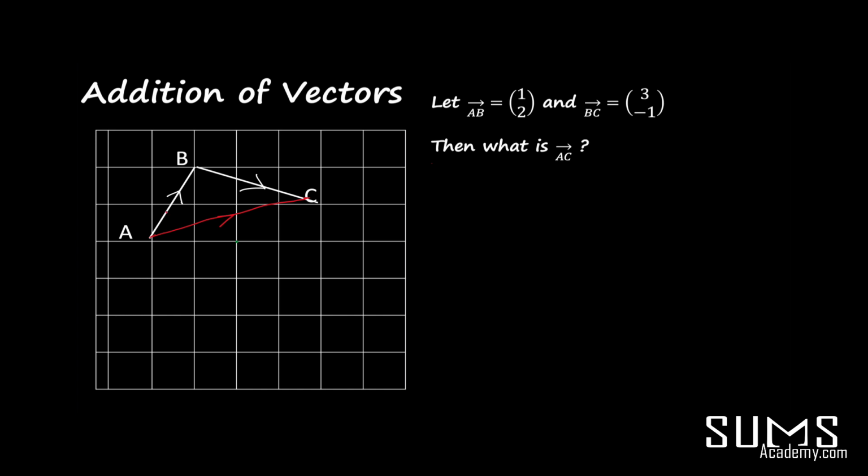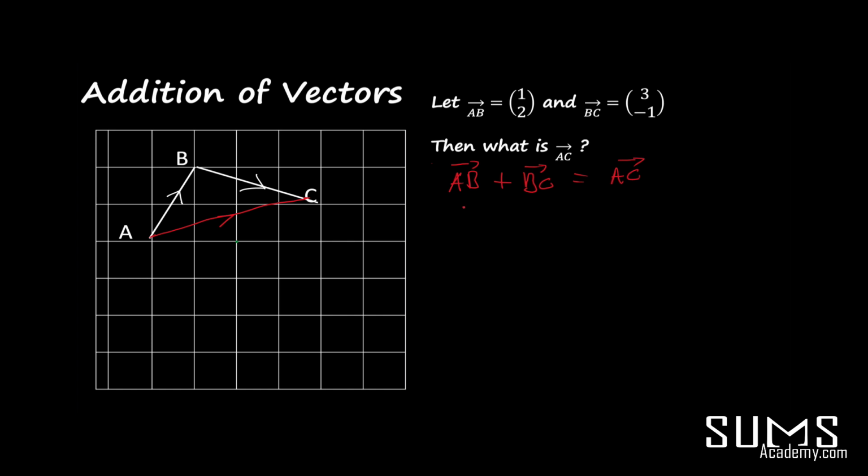Okay, so how are we going to work that out? Well, from before, we know that the distance from there to there is just the same as adding that vector to that vector. And we already have information about these two vectors, so we can work it out. So we write a statement here: AB plus BC is equal to AC. So what happens when we put in the numbers here?